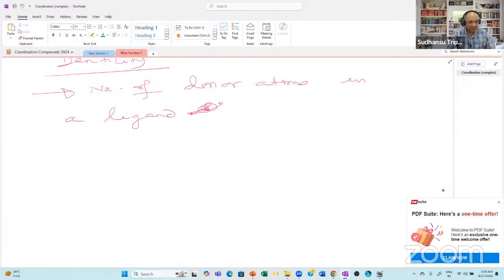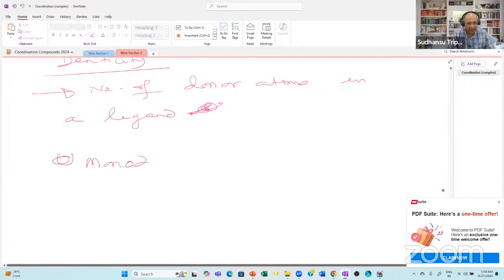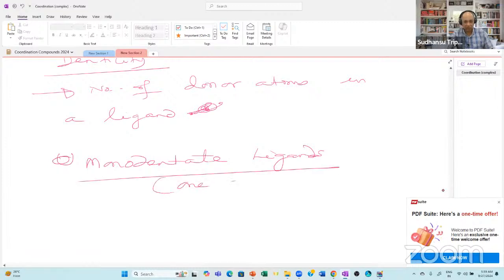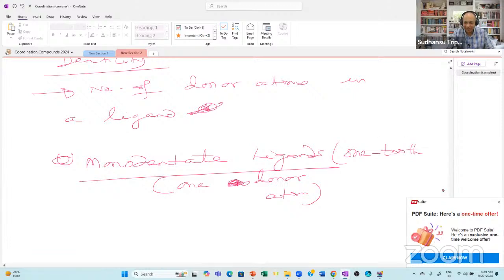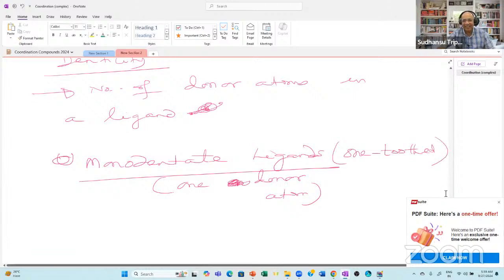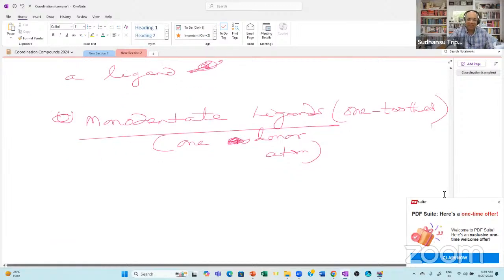Now let us talk about monodentate ligands. One donor atom. Instead of teeth, we will make a verb to do.